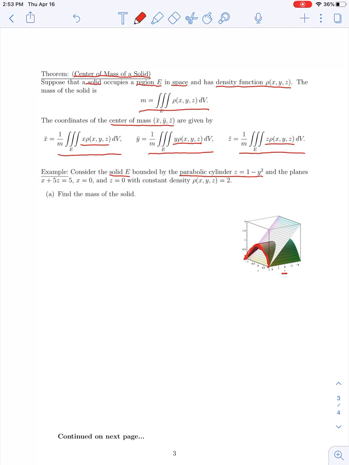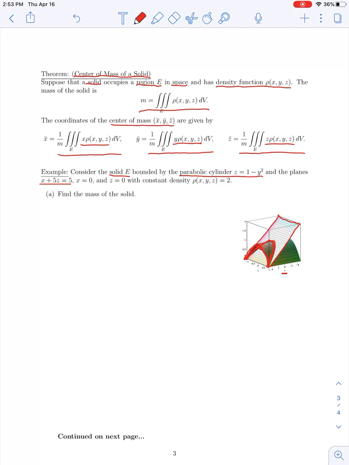Then we are also considering our solid as being bounded by the plane x plus 5z is equal to 5. So that is this plane shown here, which of course intersects our parabolic cylinder in a little parabolic arc.